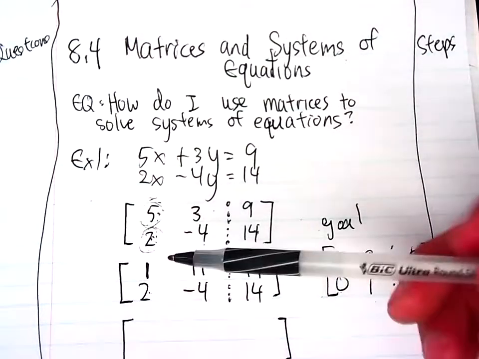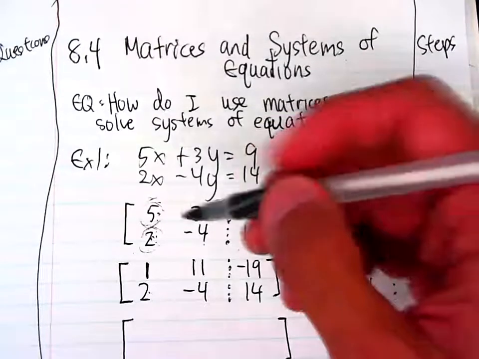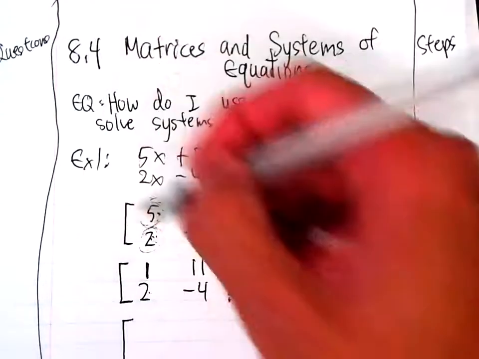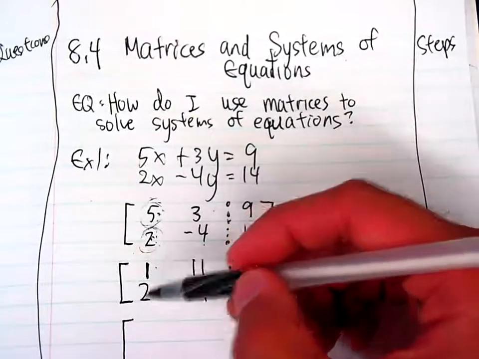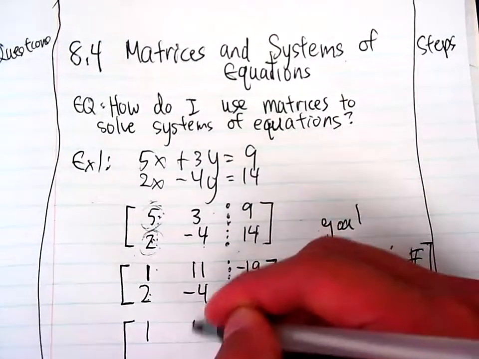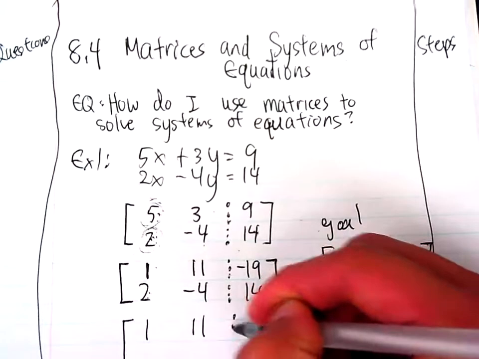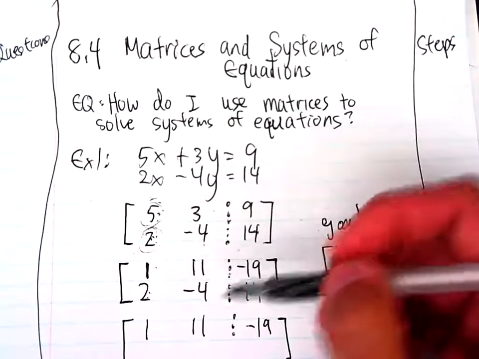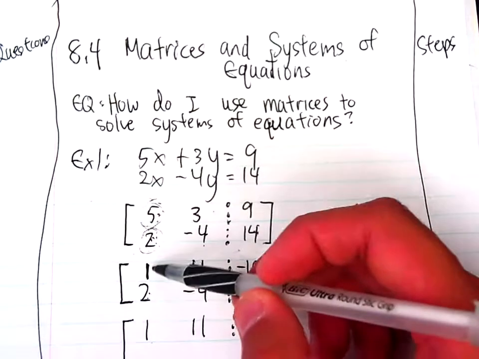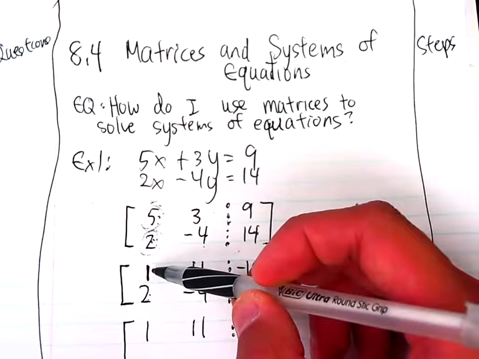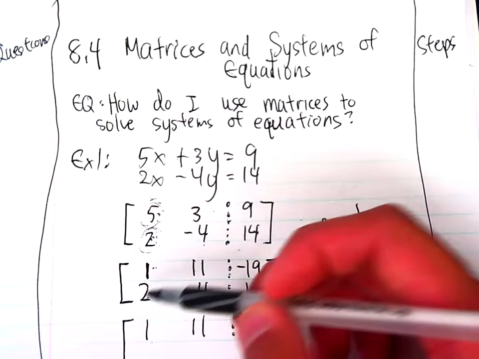In order to turn that into 0, I am going to multiply the top row by negative 2 and add it to the second row. So the first row is not going to change. I'm going to multiply the top row by negative 2. So that will be negative 2 plus 2, that's 0.